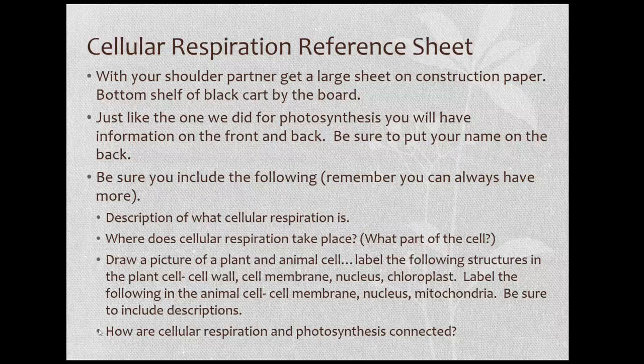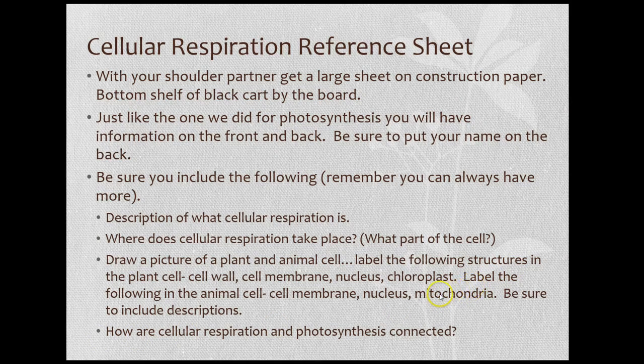If I'm asking you what part of the cell it takes place in, you need to have some pictures, okay? I would like a picture of a plant and an animal cell, and you need to label the following structures in the plant cell. You need to have the cell wall, the cell membrane, the nucleus, and the chloroplast. Also, you need to go ahead and add in the mitochondria to that, okay?